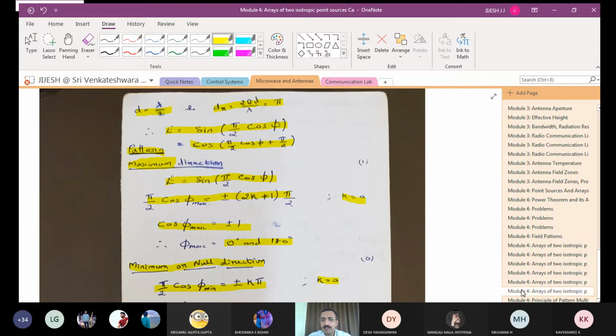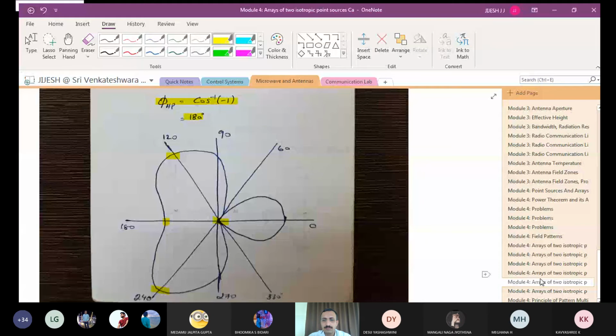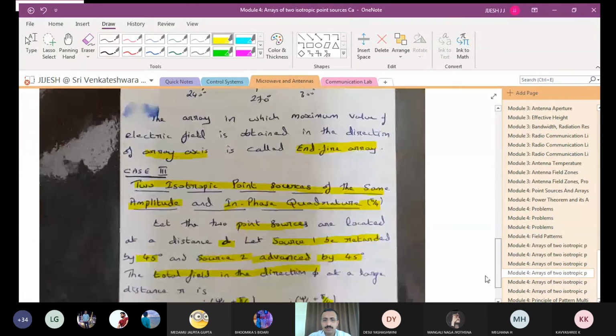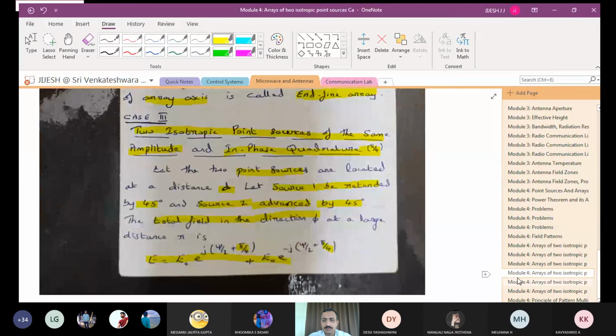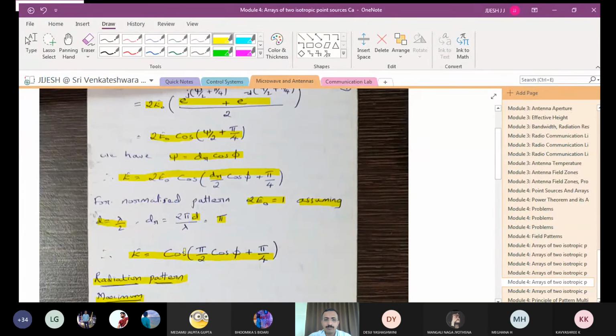Let us go ahead and substitute the 90 degree. When I substitute 90, I will get it as pi by 4. So I will get cos of pi by 2 cos phi plus pi by 4, which is my third case. So case 3 you have seen, cos of pi by 2 cos phi plus pi by 4.